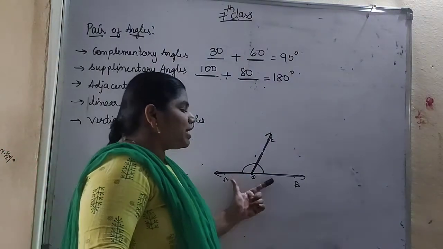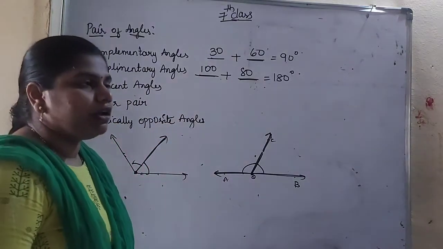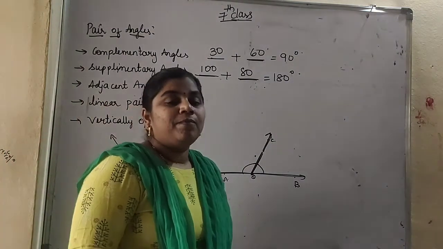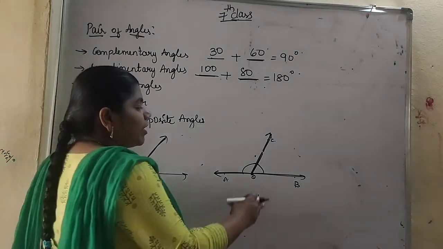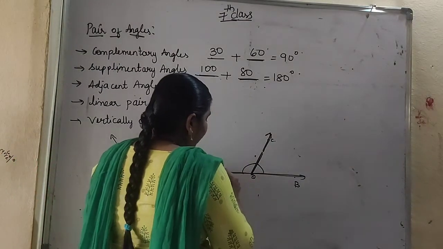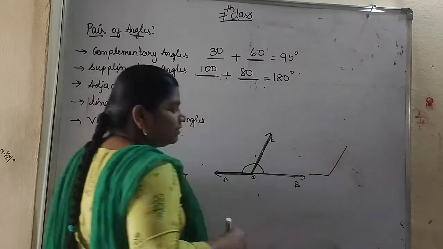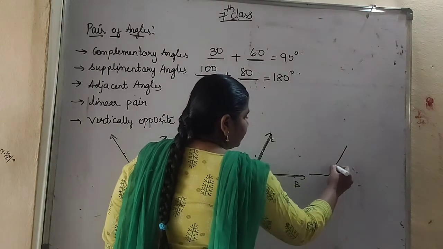Can we call this a linear pair? Yes, we can call. Why can we call it a linear pair? Linear pair is nothing but a straight line. Straight line is nothing but equal to 180 degrees. So if I divide this figure into AOC and COB, it is in this way.